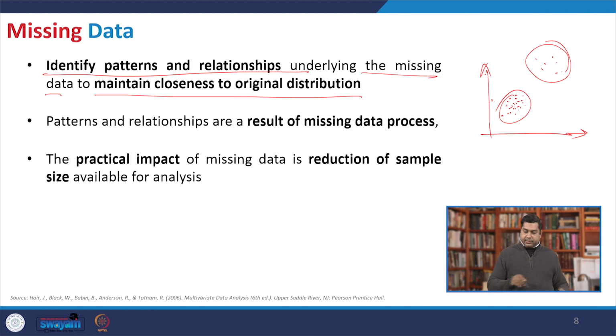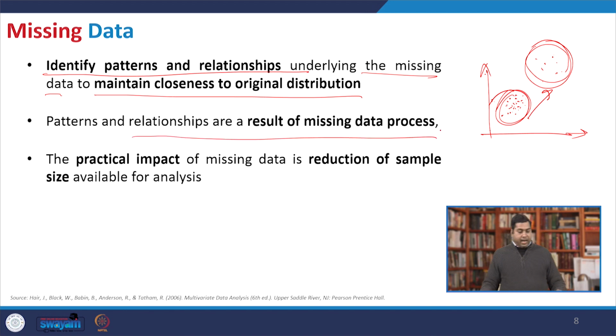In such cases you have to understand which points are apart from the natural distribution. Now, pattern and relationship are the result of the missing data process, and the practical impact of missing data is nothing but a reduction in the sample size.